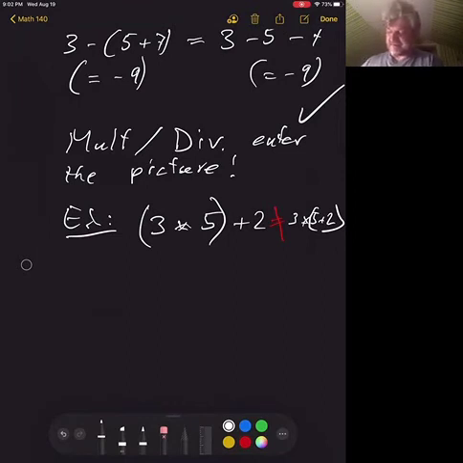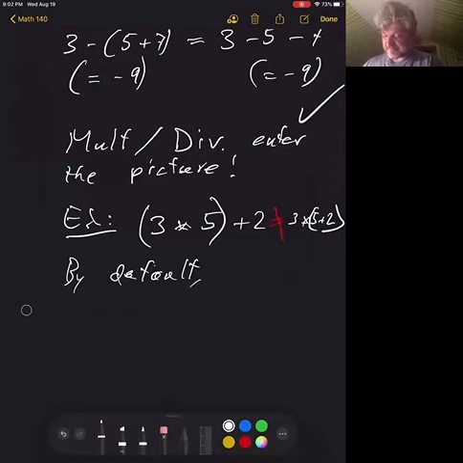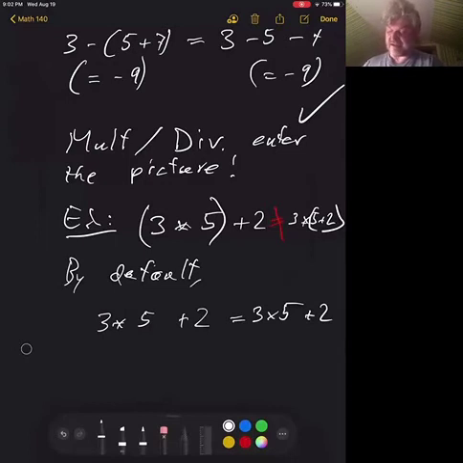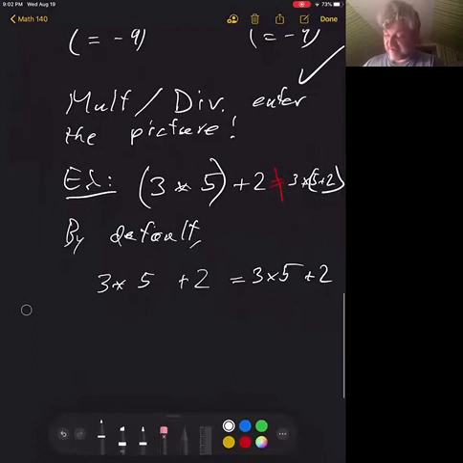But again, we have a default to save on parentheses. And that is do the multiplication first, even if it's written second.